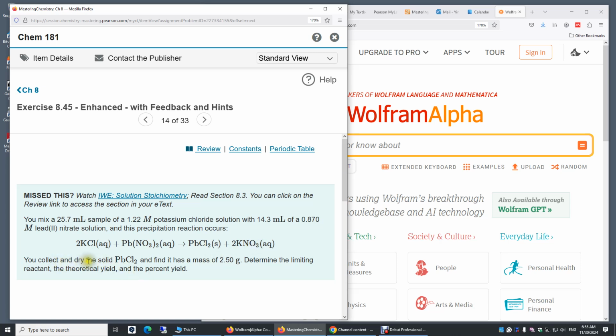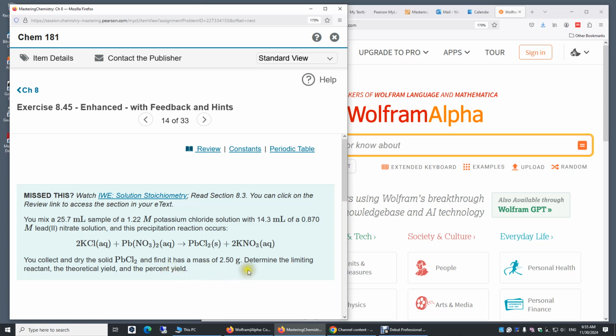You collect and dry the solid lead chloride and find it has a mass of 2.50 grams. Determine the limiting reactant, the theoretical yield, and the percent yield.